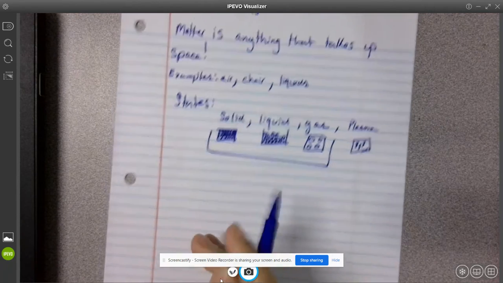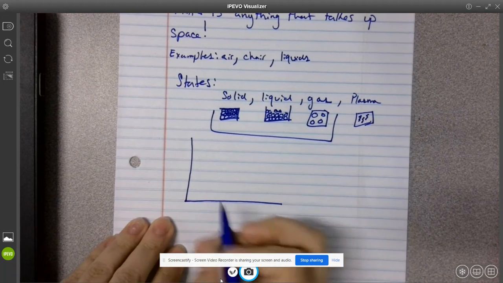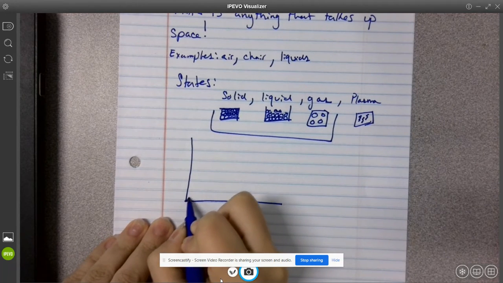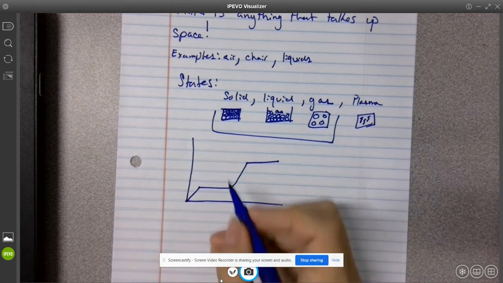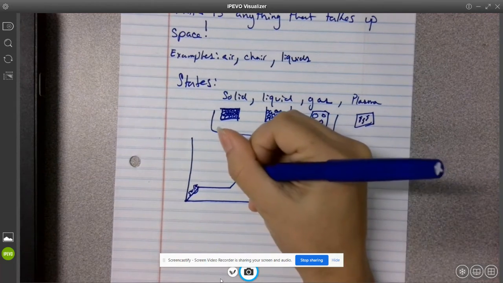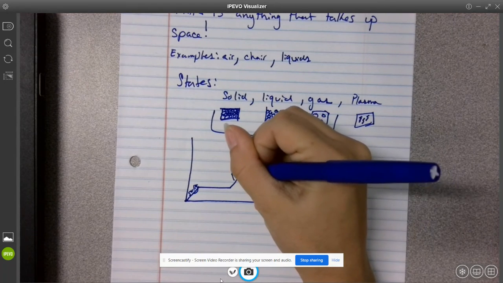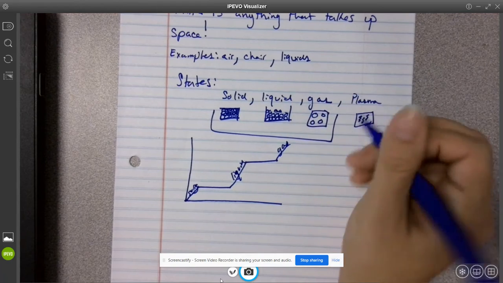When we have a chart, there will be several different versions. You can start off with a solid, and then your liquid, and lastly your gas.